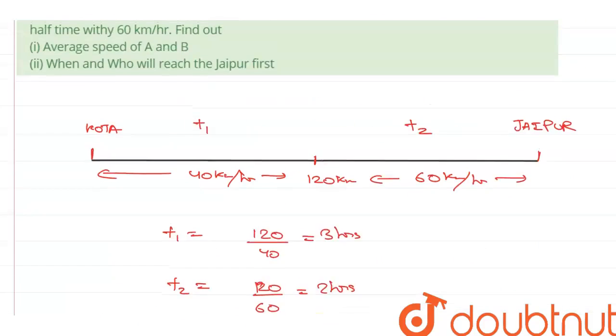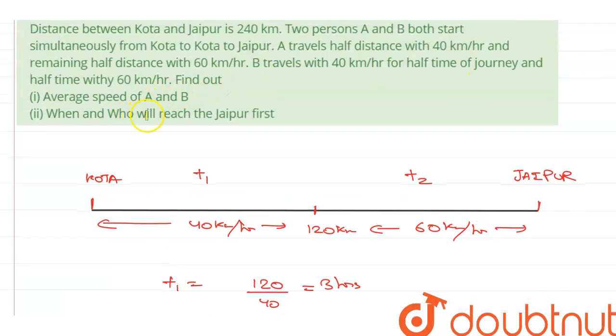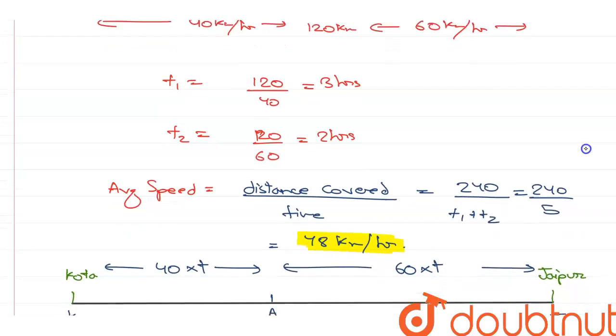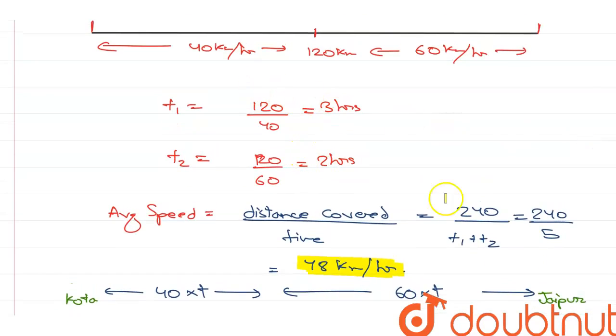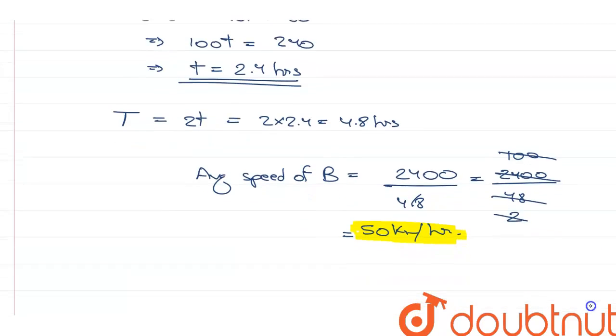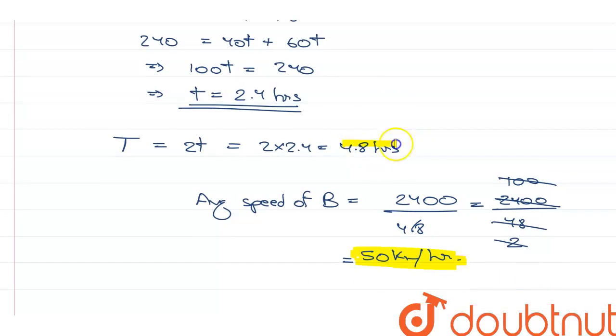Now the second part of the question says, when and who will reach Jaipur first? So for A we had calculated the total time, that was 3 hours plus 2 hours, meaning 5 hours. And for B also we had calculated the total time, which is 4.8 hours.